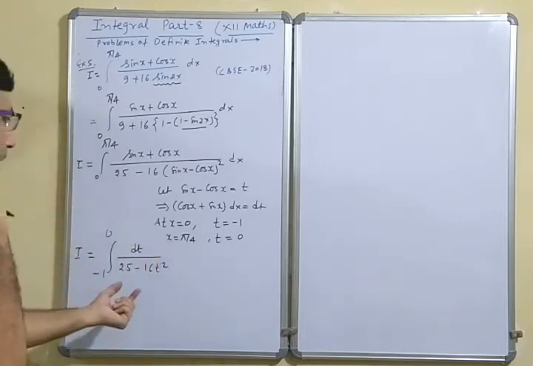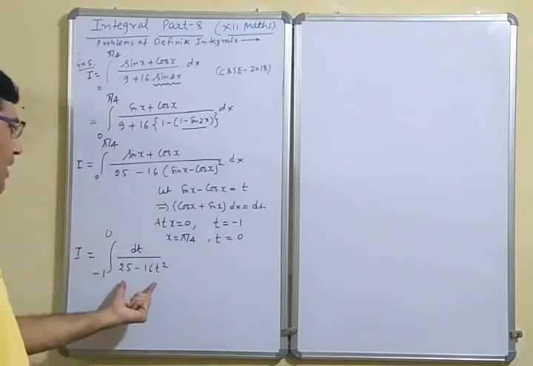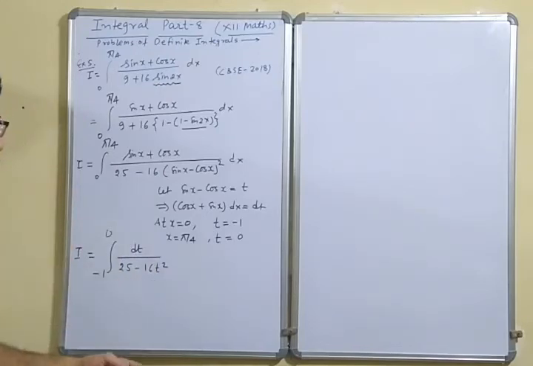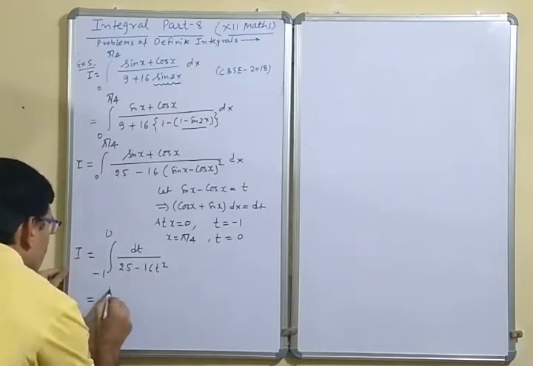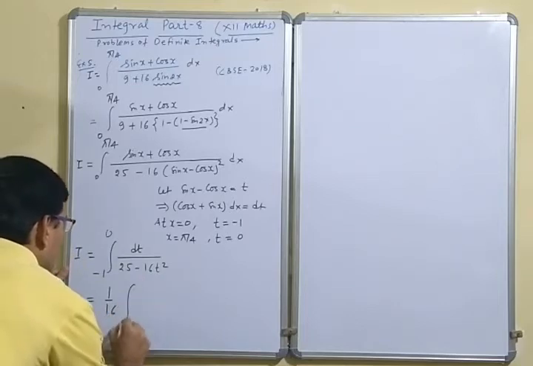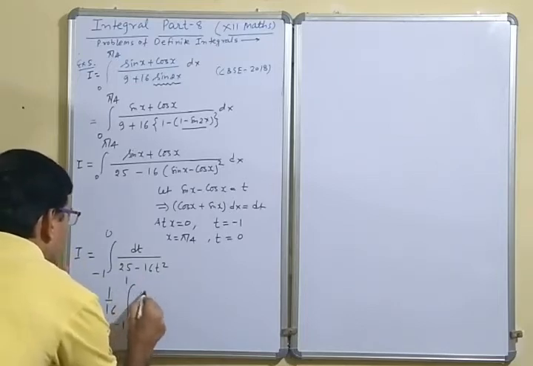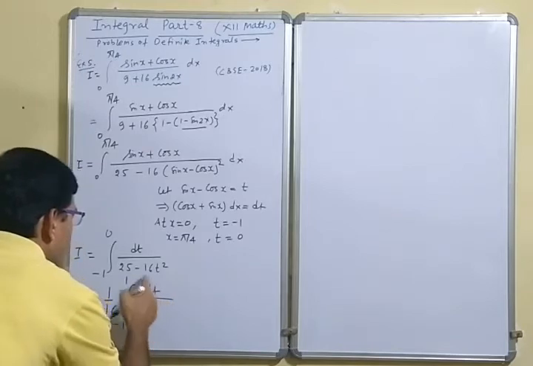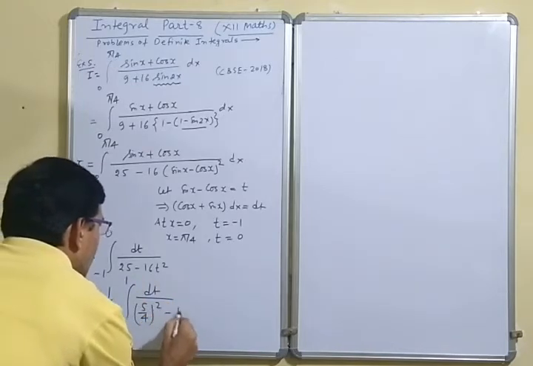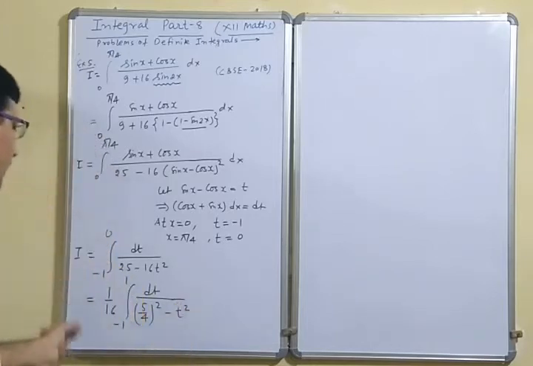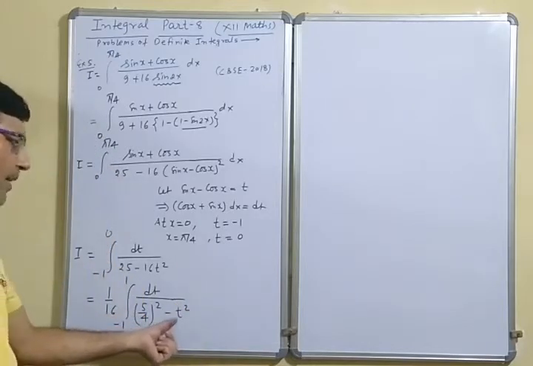Now this is a special integral, so we will simplify it using the formula of a special integral. Now take 16 common. If you take 16 common, it becomes the integral from minus 1 to 0 of dt upon (5 by 4) whole square minus t square. So this is of the form a square minus x square.